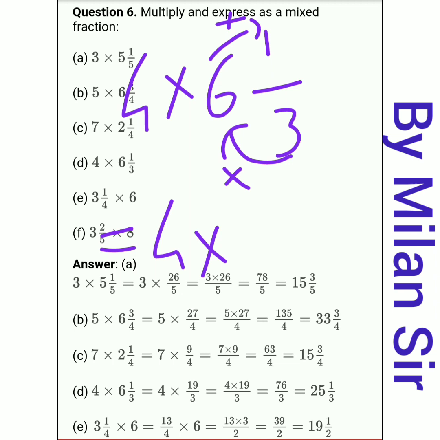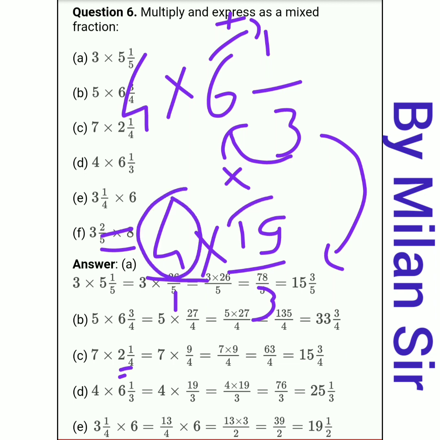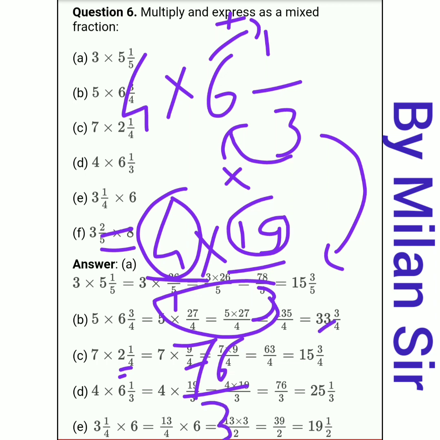So 3 6s are 18 plus 1, it is 19, and the denominator as it is, 3. Here nothing is present, so we can write 1. Again we cannot cut anything here, right? So directly we need to do multiplication. 4 multiply 19, 19 4s are 76, and in the denominator 3 ones are 3. Okay, so 76 by 3.